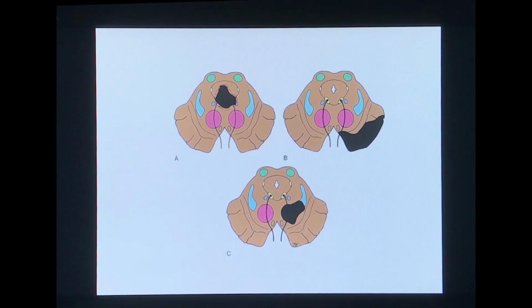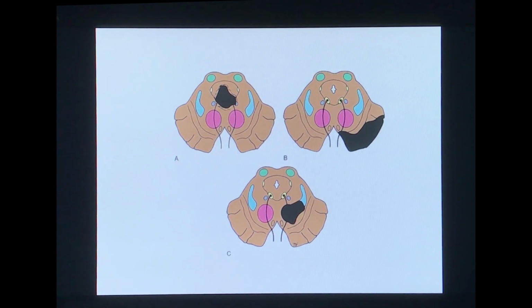But usually when the cerebral aqueduct is occluded, the patient will present with hydrocephalus. Why? Because the cerebral aqueduct is the one which connects the third ventricle with the fourth ventricle. You know that CSF is mainly secreted in the lateral ventricle and third ventricle.